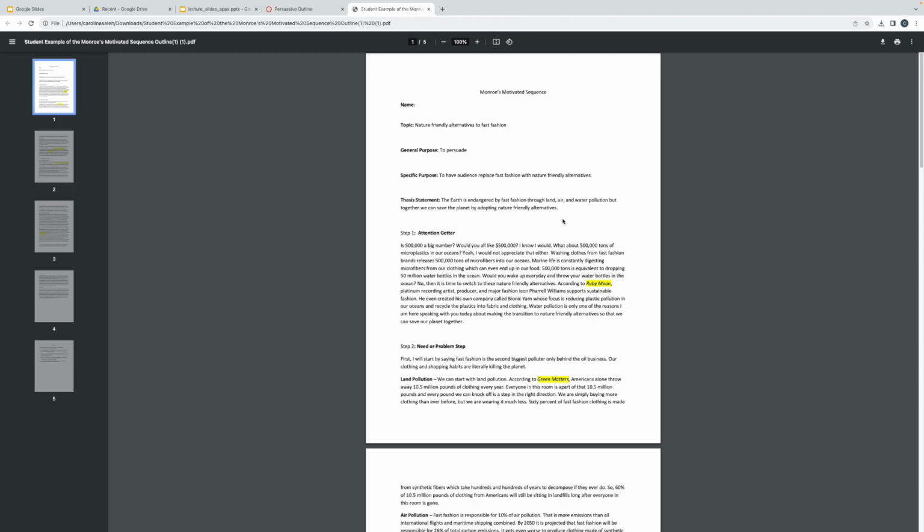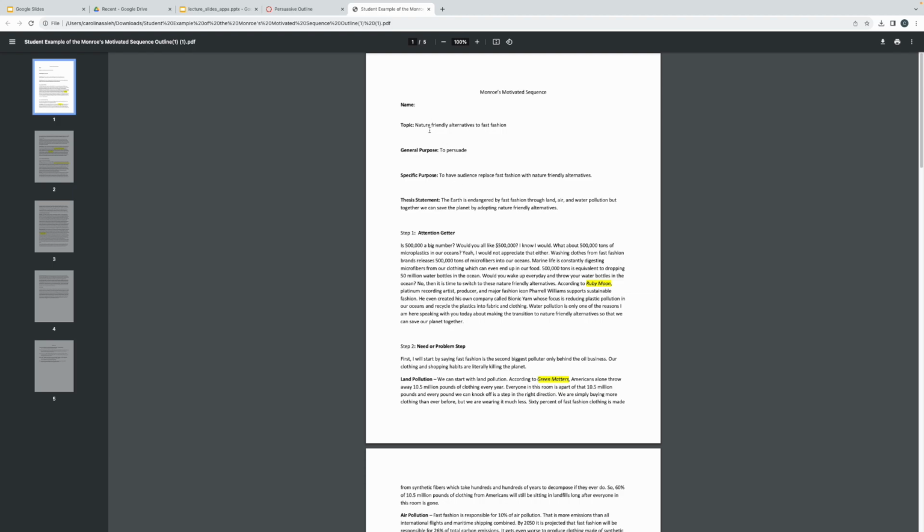The student did an excellent job on this outline. They included their topic, general purpose to persuade, their specific purpose, and the thesis statement included the 3 problems that the student talked about during their presentation. So they did their persuasive speech.